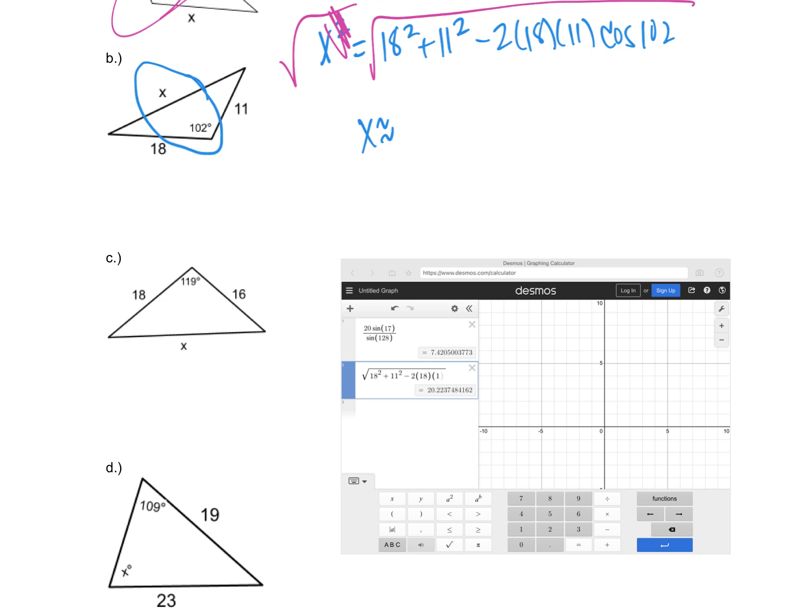And I get 22.96, but I'm rounding to the nearest degree, so this rounds up to 23. Oh, nope, that's not true. This isn't a degree. This is a side length, but it still rounds up to 23.